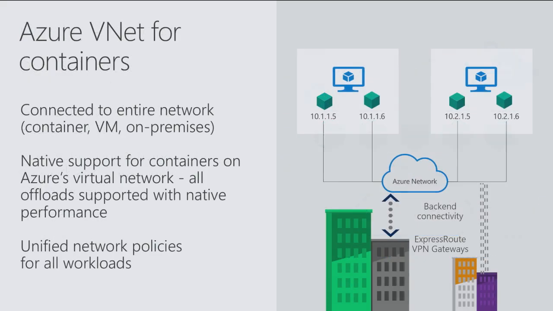And because you do this, you can do a lot of other things, like connectivity to the on-prem networks, right? And also the load balancing that Azure offers you, as layer 4 and layer 7. You can use either of those to load balance across your containers. And most importantly of all, you have a single unified network policy. You define that for your virtual network, and that network policy will apply to your VMs as well as containers running on Azure. That's the real benefit here.